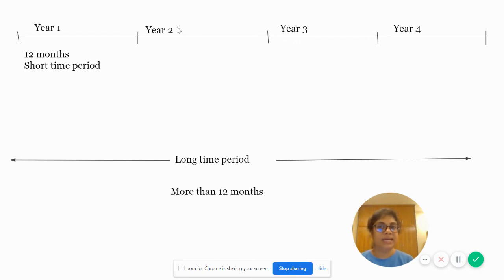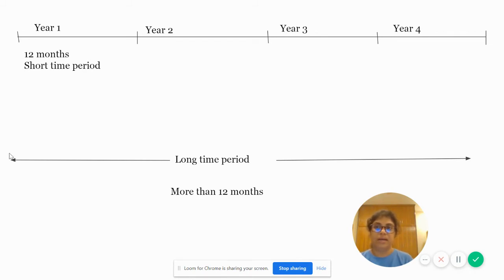Then the second year will be another accounting period, the third year will be another accounting period, and year 4 like that it will continue. So these 12 months will be known as the short time period when we are categorizing the assets and the liabilities.